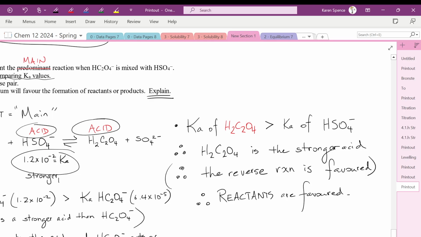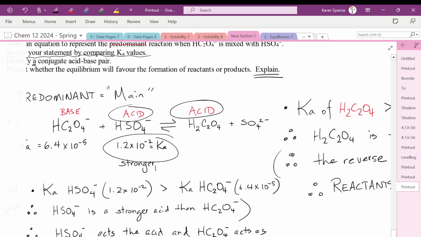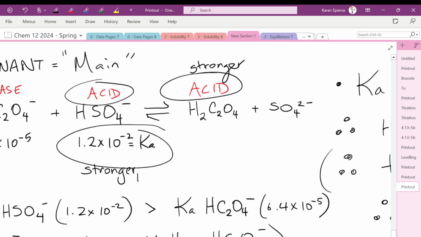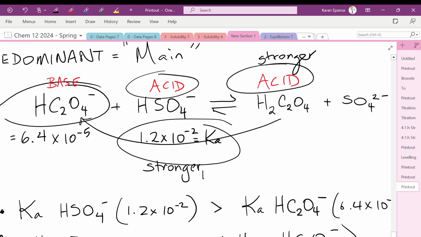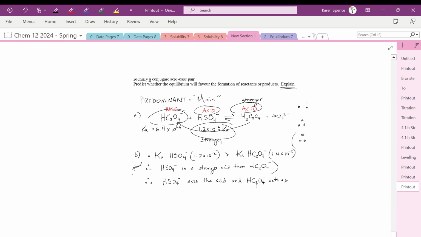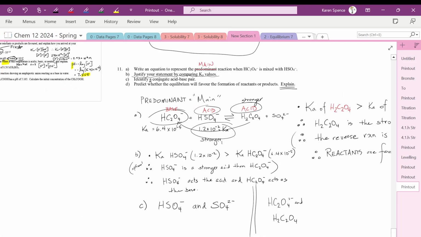So basically what's happening is that this is our stronger acid, so it's better at giving away protons. So you'll end up with more of the stuff where it gave away a proton. Does that make sense? And HSO4 minus is not as good at giving away protons, so you end up with less of that turning into its base. That was a good question.